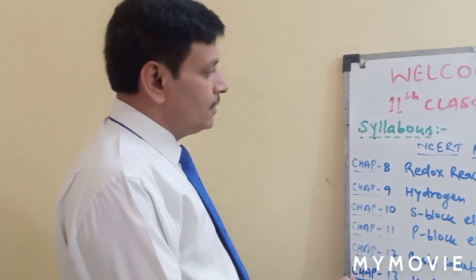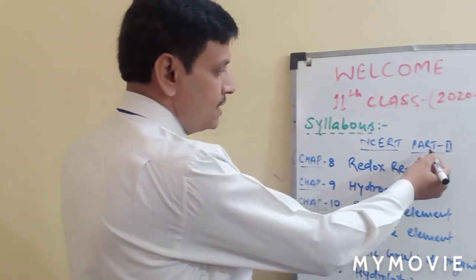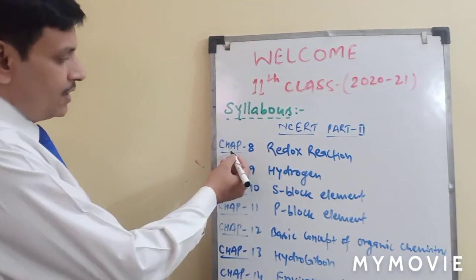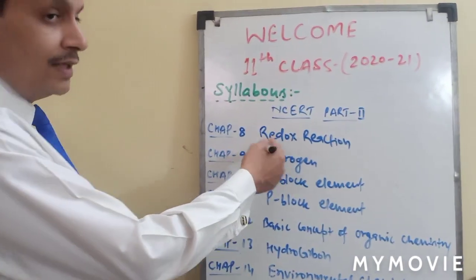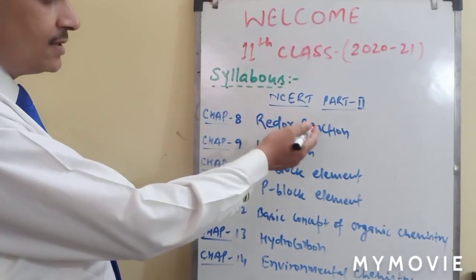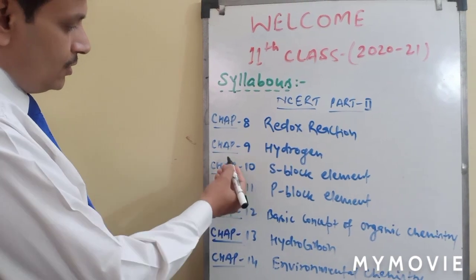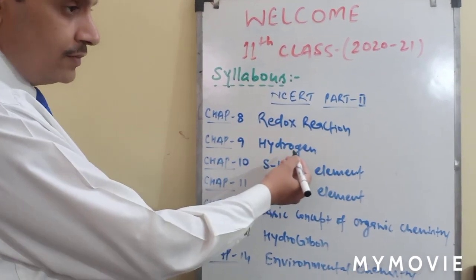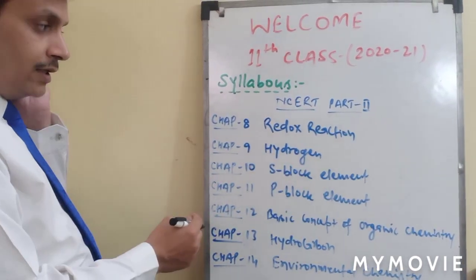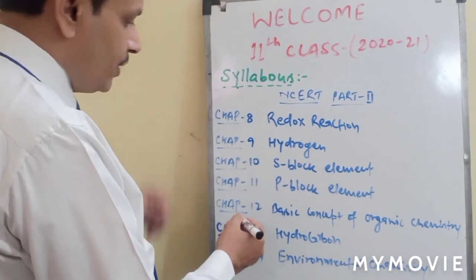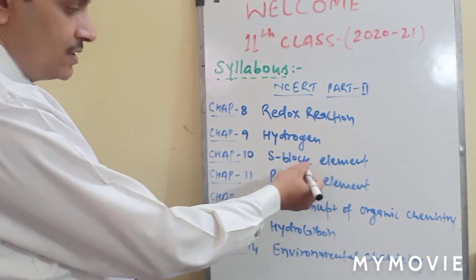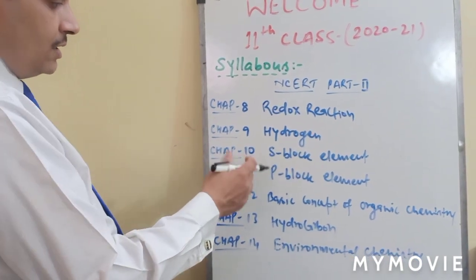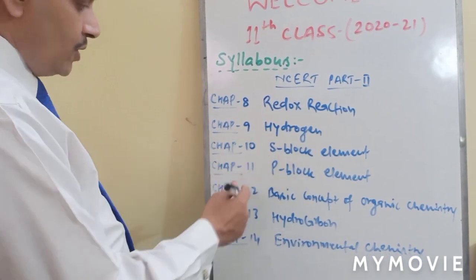Moving forward, in the second part of the NCERT book, chapter number 8 is redox reactions. In this chapter, we will study oxidation as well as reduction reactions. Chapter 9 is hydrogen; we will explain hydrogen and its compounds in detail. Chapter number 10 is S block elements; you will study the S block elements in entire detail.